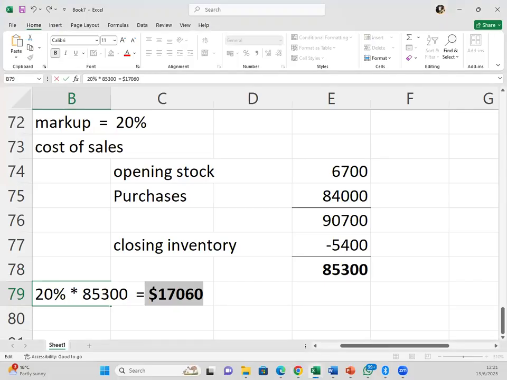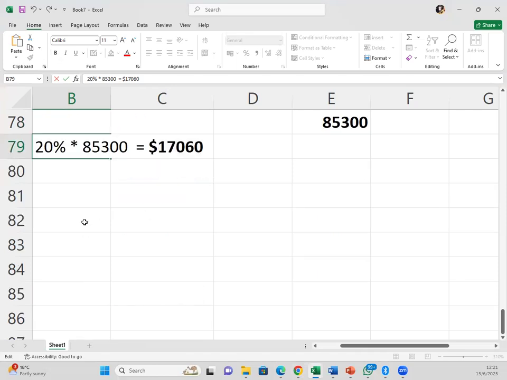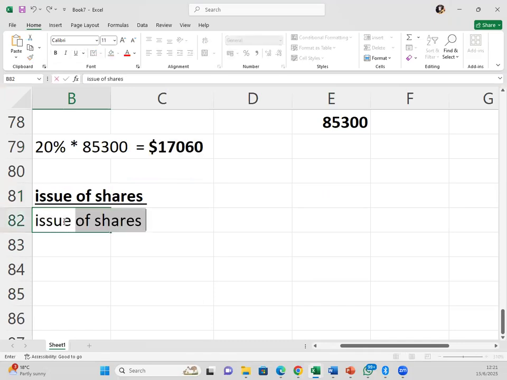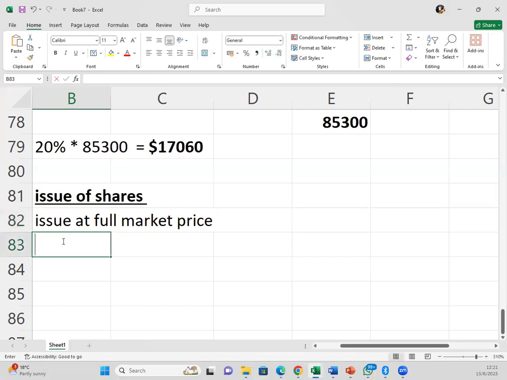So when shares are issued, just a quick recap. For the issue of shares, remember we can make an issue at full market price.